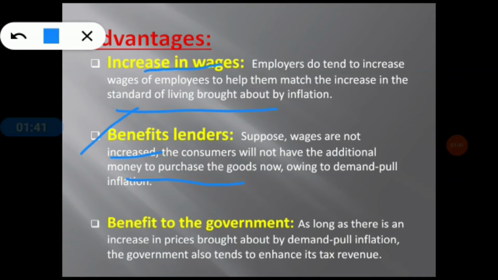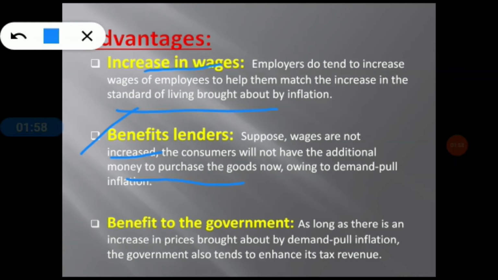So they shall now be lending the goods with higher prices, and because they collect more profits from this, it benefits the lender.